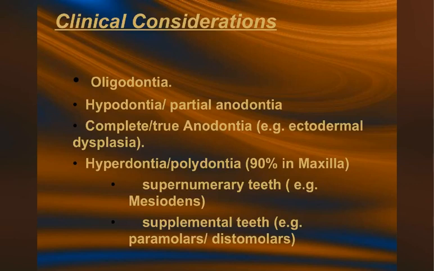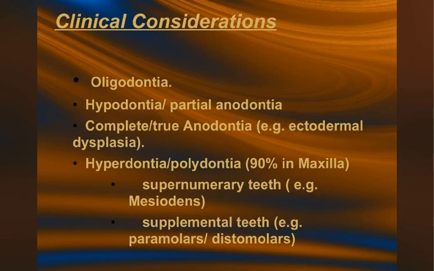If the number of missing teeth is 6 or more, excluding third molar, then it's called oligodontia. Complete anodontia, all teeth are missing, it's called true anodontia.